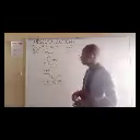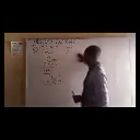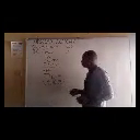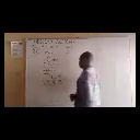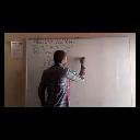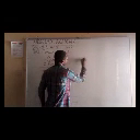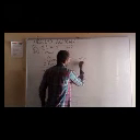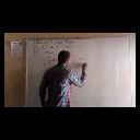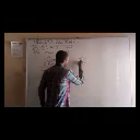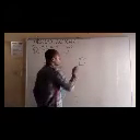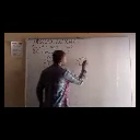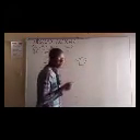Now, the second circuit is the parallel circuit. In the parallel circuit, we have our battery, or we'll draw our full-time battery as we did before. This is our battery, this is the negative, that's the positive.